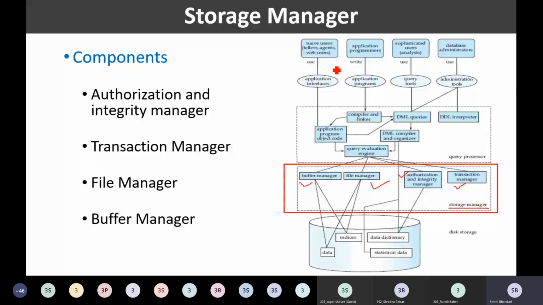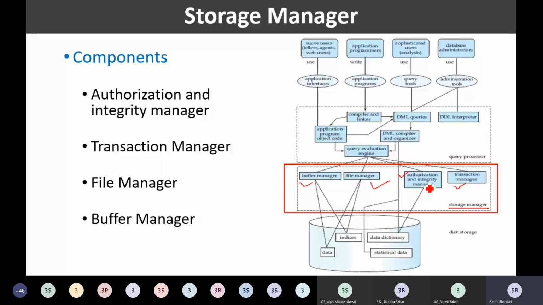So the authorization and integrity manager checks whether the user who wants to access the data is authorized to access that kind of data.